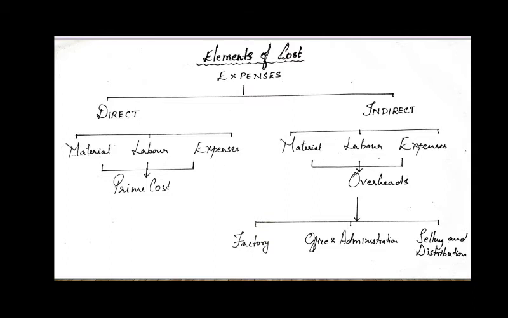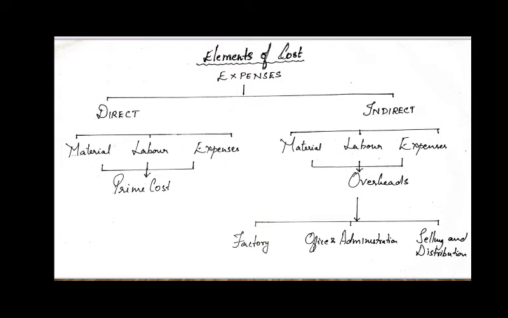So a cost sheet is prepared together from prime cost, factory overheads, office and administration overheads, selling and distribution overheads. All are shown in a cost sheet. We get the cost of a product sold, and also sales will be known from this cost sheet.